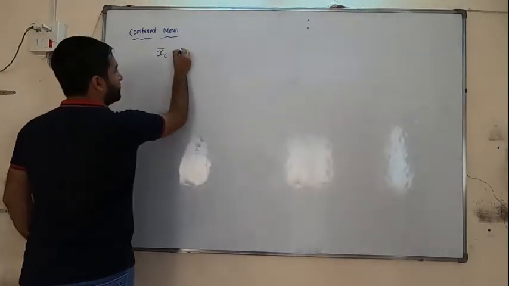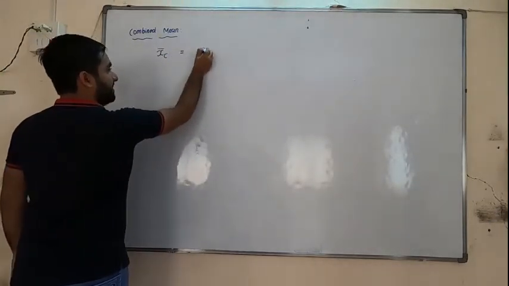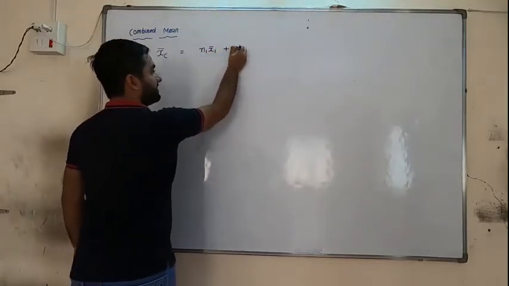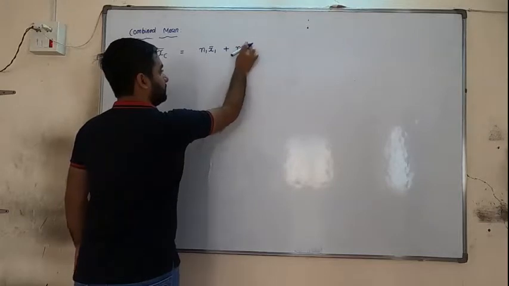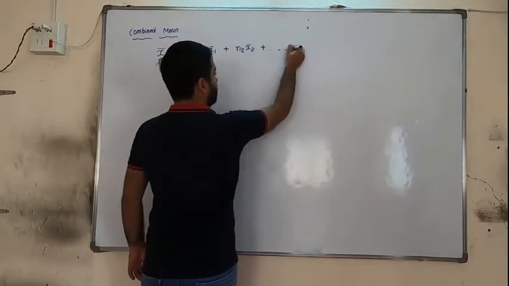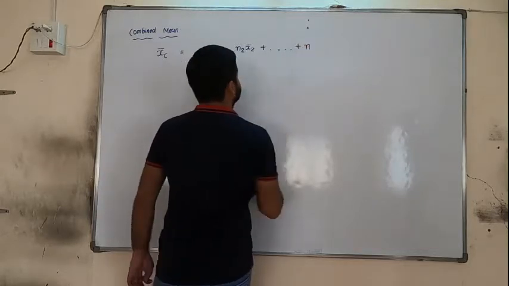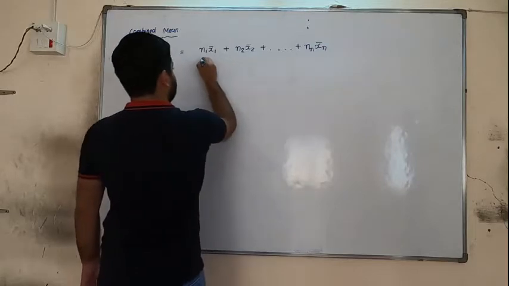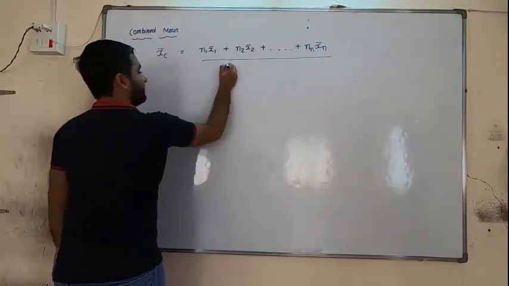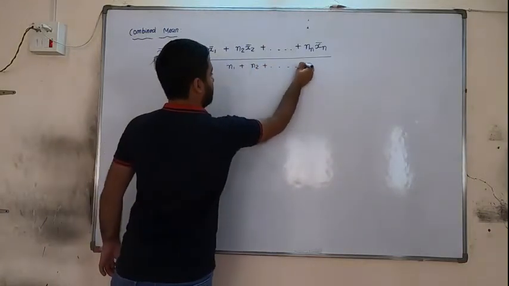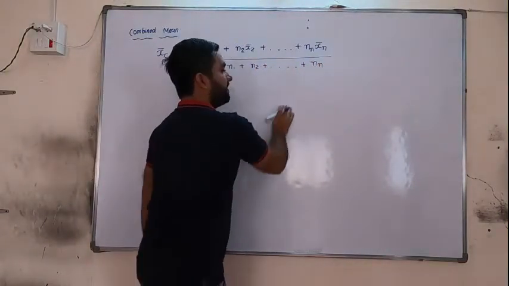The formula is n1 x1 bar plus n2 x2 bar plus dot dot dot plus nk xk bar, divided by n1 plus n2 plus dot dot dot till nk.